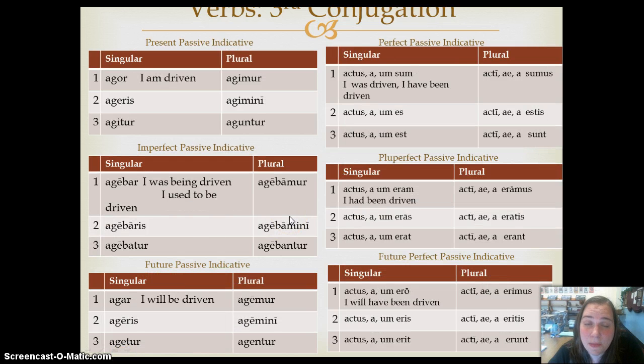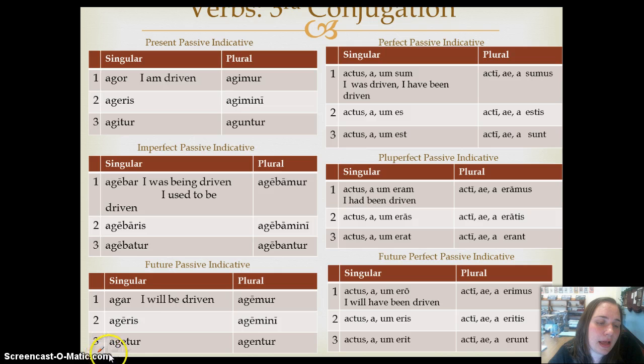This next slide has all the passives, the passive for all six tenses in the indicative. And again, the first person singular is the first principal part plus r, and then after that, for the most part, you form the present passive the same way you'd form the present active. Let's look at the third person singular. That's this right here.